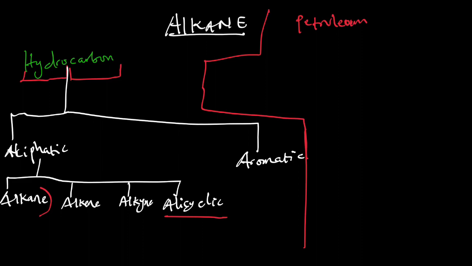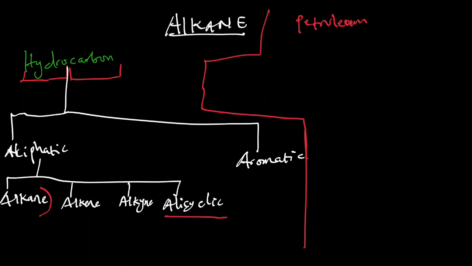Petroleum is something that you come across very often. It's very important in the sense that most of these organic compounds, in short hydrocarbons, are produced from petroleum. So it's important that we know how it came about, the origin of petroleum.